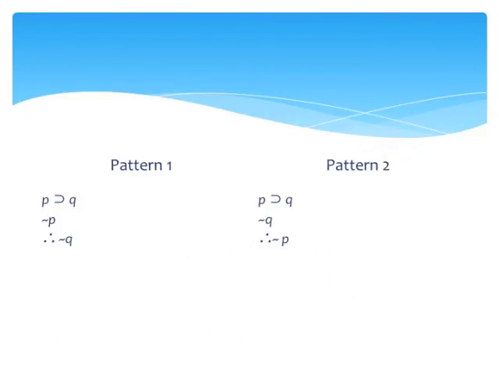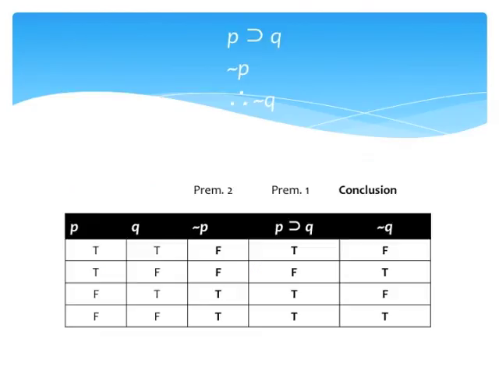Now, look at these two patterns. Are both of them valid? Again, if you want to check this on your own, then you can pause the video. So let's see the first form. It says, if P then Q, not P, therefore not Q. Here we have a column for not P, which is the second premise, as well as one for not Q, which is the conclusion.